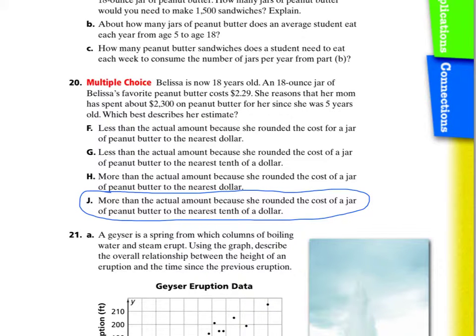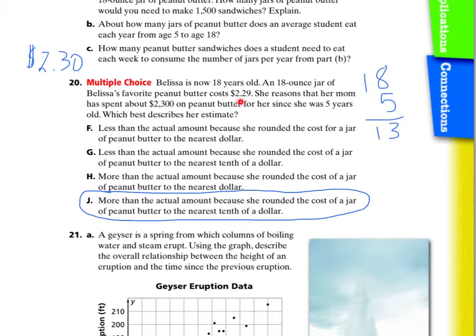Okay, so F says less than the actual amount because she rounded the cost for a jar of peanut butter to the nearest dollar. Okay, because it can't be less than the actual amount, which is F, because she rounded the cost for a jar of peanut butter to the nearest dollar.